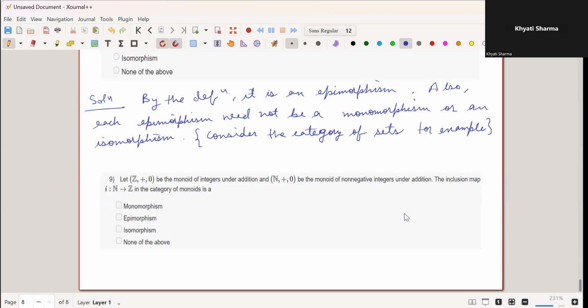So it says, let Z under addition be the monoid of integers under addition and N under addition be the monoid of non-negative integers under addition. The inclusion map I from N to Z in the category of monoids is a monomorphism, epimorphism, isomorphism, or none of the above.